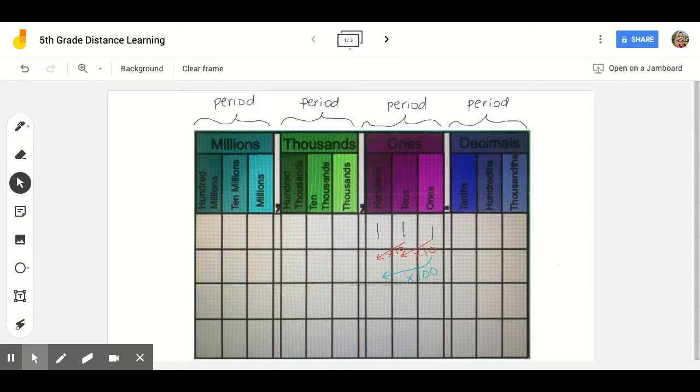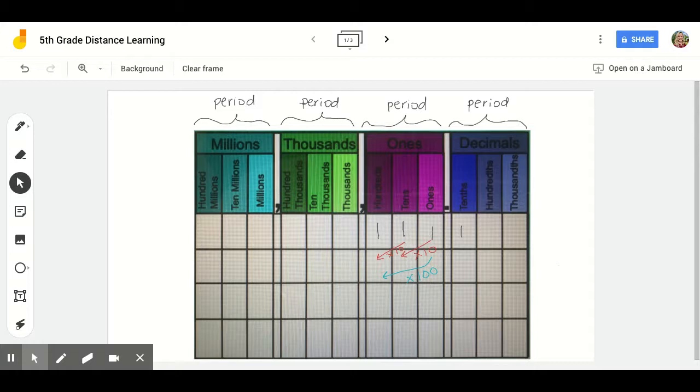Now, the reverse is true when you're talking about going to the right. So let's go back to money. Who doesn't love to think about money? All right, so I'm going to put a 1 right here. What would the value of that be in money? Some kids probably said $10.